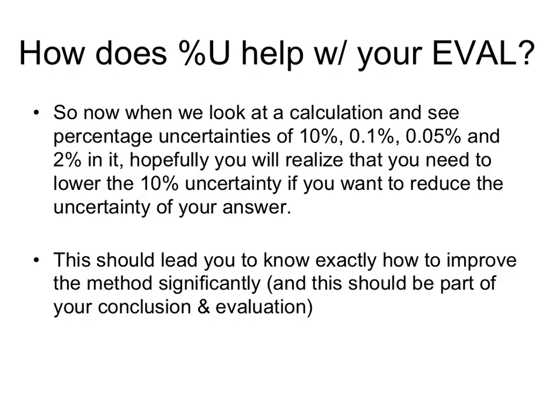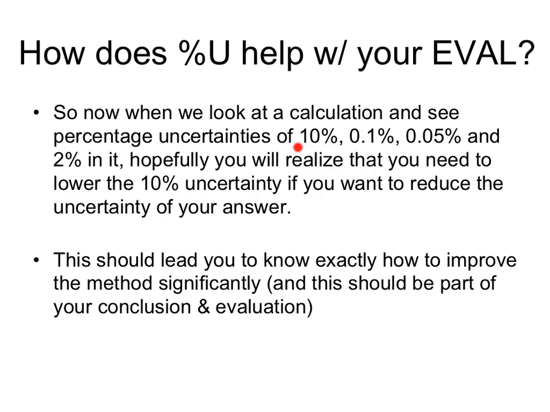So how does knowing the percent uncertainty help you with your evaluation and your conclusion in a lab report? As you're doing the calculations, you're going to have used lots of different equipment to take lots of different data. And the different equipment and the different pieces of data are all going to have different percent uncertainties. And if you compare the different percent uncertainties to each other, you'll realize that some of them are really high.